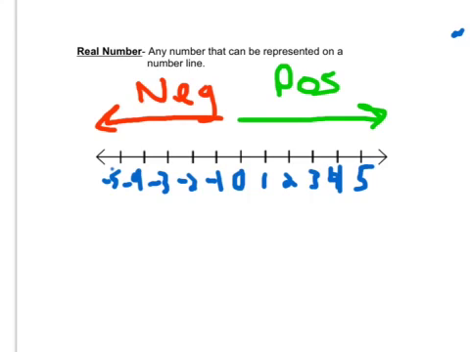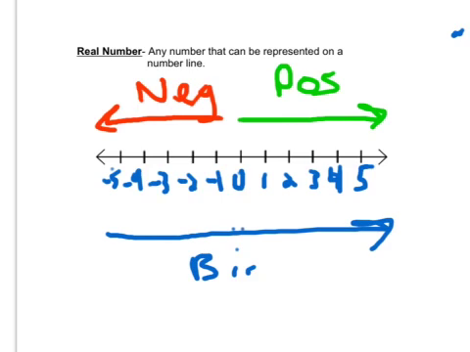Now, we also need to know that the farther right I go on the number line, the bigger I get. So when I move to the right, I get bigger. There are still a lot of people that mix this up, where we think that -5 is bigger than -2. Well, that's not true because it's farther to the left on the number line. So again, the farther I go to the right, the bigger I get.